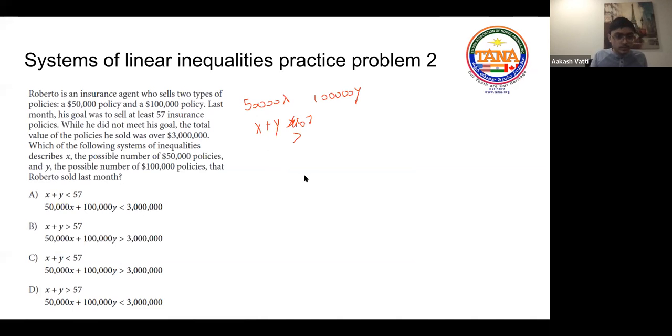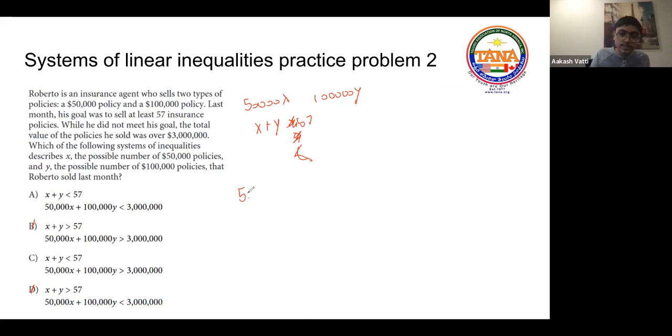So you have one of the equations down, and with this, you can immediately take out this. Or wait, no, you don't take out A. You take out B, and you take out D. A is still a valid answer. And now we also know that he sold over $3 million.